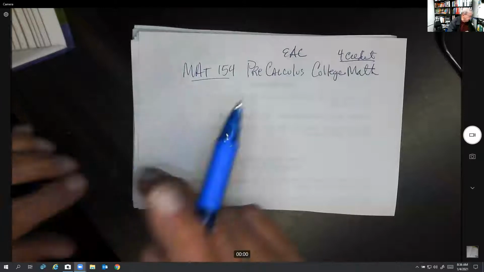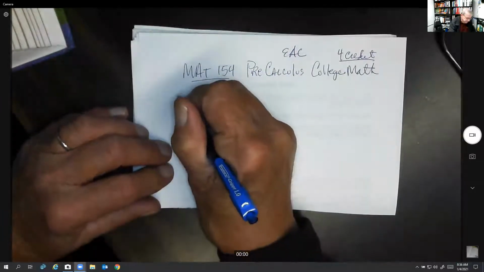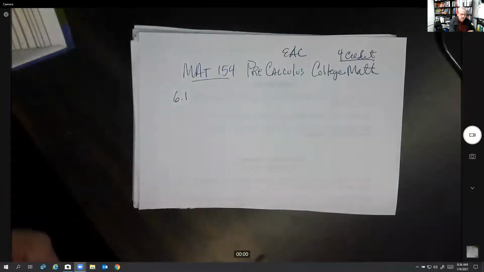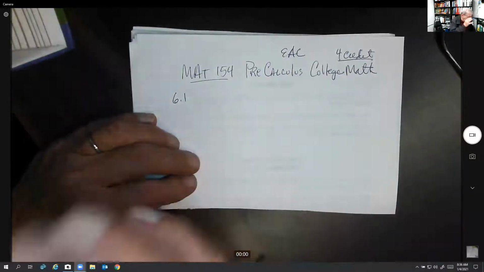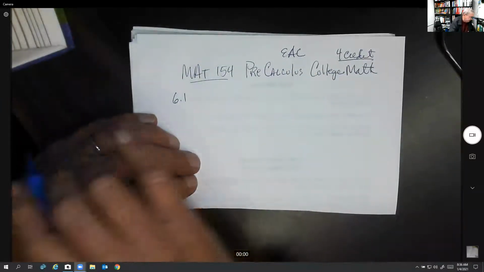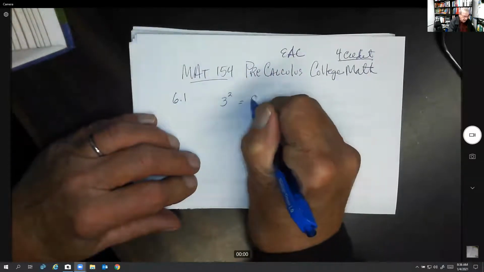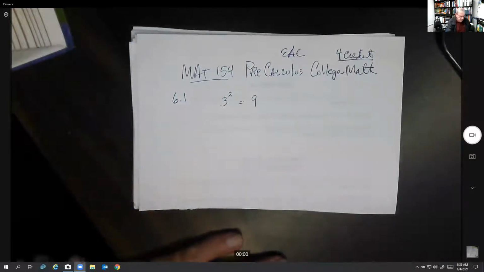What we're going to talk about today is 6.1, which deals with square roots, basically, roots of numbers. So when we have a number, let's say we had something like 3, and we squared it, and we got 9, right? 3 times 3. Well, square roots is the reverse.